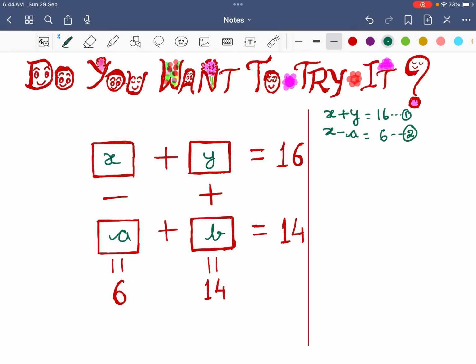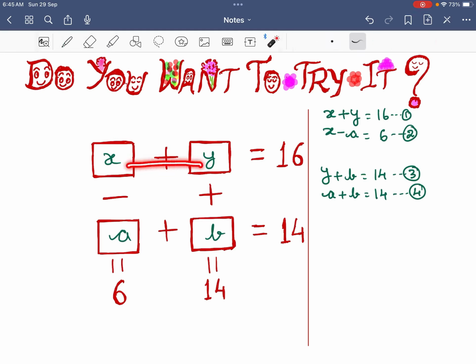And the third equation I will be getting as y plus b is equal to 14. Third. And a plus b is also equal to 14. Equation 4. Right? 4 equations we have formed.